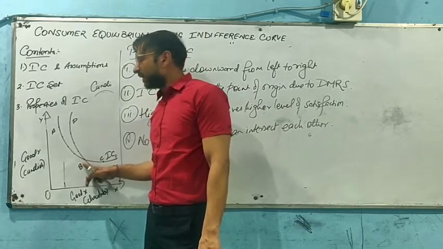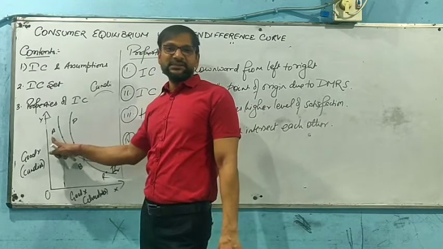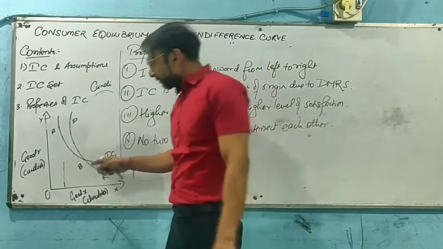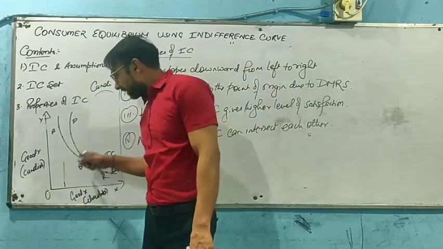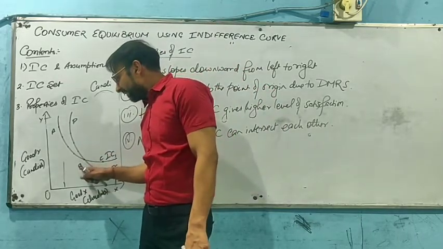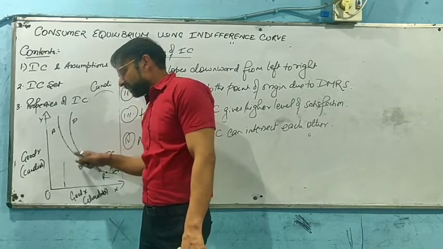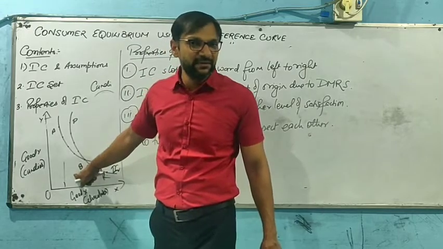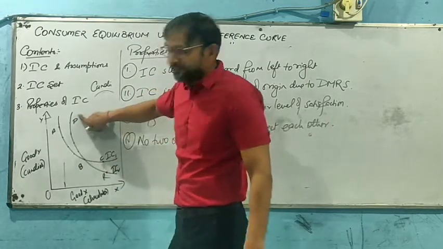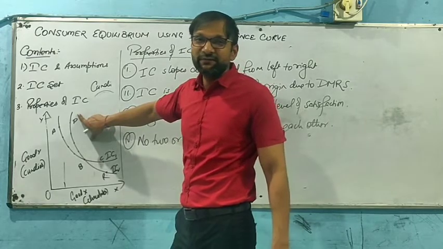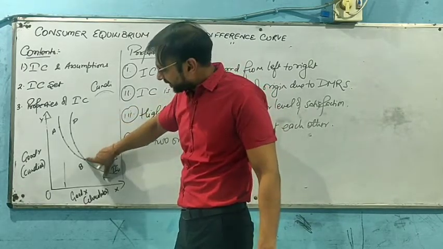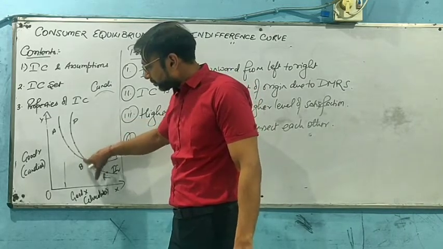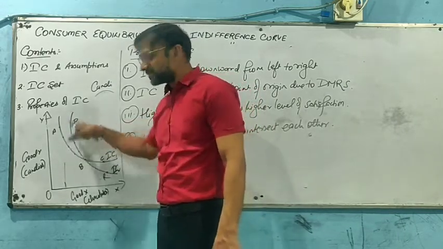Then it will imply that A is giving the same level of satisfaction as P, since both are intersecting at this point, and at this point B, the level of satisfaction that A is giving will be equal to the level of satisfaction that B is giving, and the level of satisfaction P is giving will be the same as the level of satisfaction B is giving, because again this is also a point that is being touched by both the IC curves.